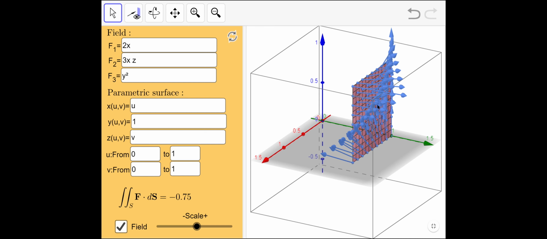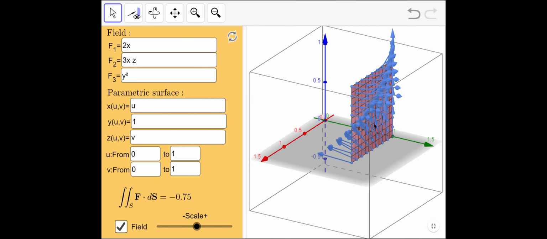So flow per unit time, or you could look at it the next way as flux, but we're not going to use the word flux.